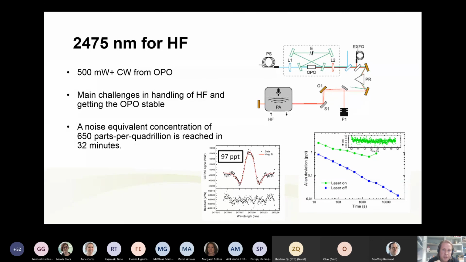In this case, the green curve shows the reality when we're measuring a very reactive and difficult to handle gas, and also using an OPO as the light source, which is usually not known to be the most stable light source out there. But still, the 650 parts per quadrillion sensitivity was indeed demonstrated with hydrogen fluoride inside the cell. So this is not a synthetic result, if you will.